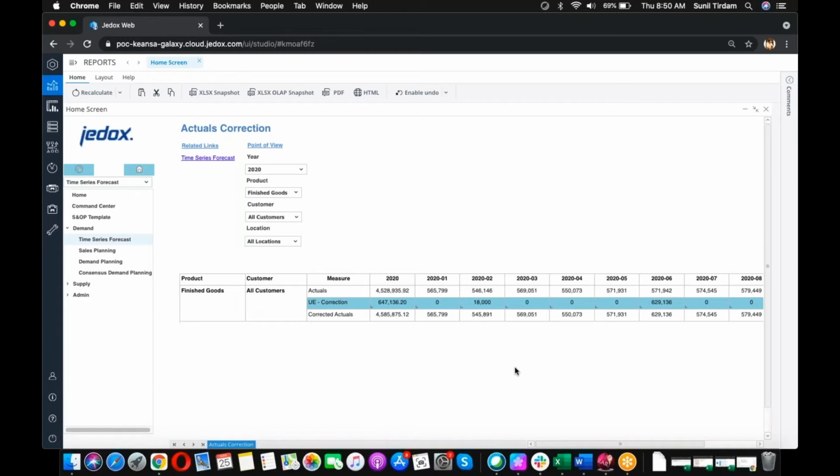And I'll explain to you some of the reasons why this is required. Let's give an example. Say that there are sales that were higher because of promotions, right? Or because there was a social media campaign that went viral, it drove sales to abnormal levels, but what you don't anticipate to repeat in normal terms. So what people can do here is they can actually go, and you see the blue line called UV correction.